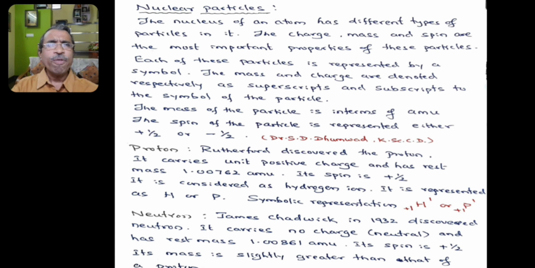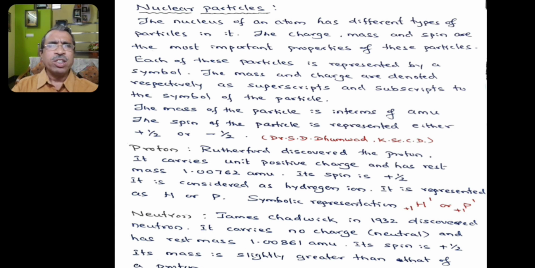The nucleus of an atom has different types of particles in it. The charge, mass and spin are the most important properties of these particles. Each of these particles is represented by a symbol. The mass and charge are denoted respectively as superscripts and subscripts to the symbol of the particle.